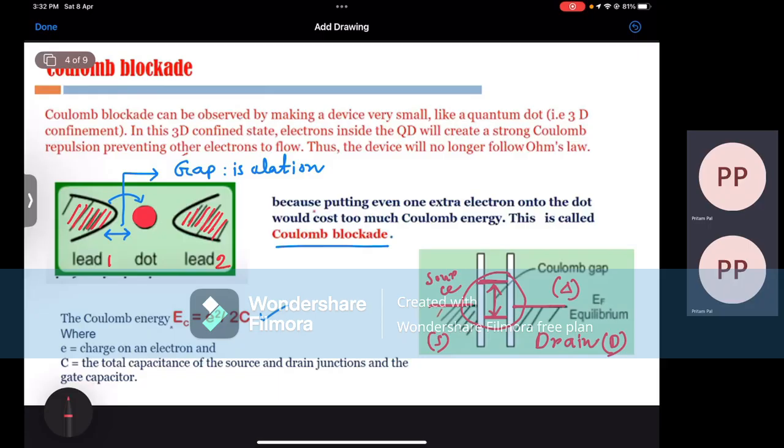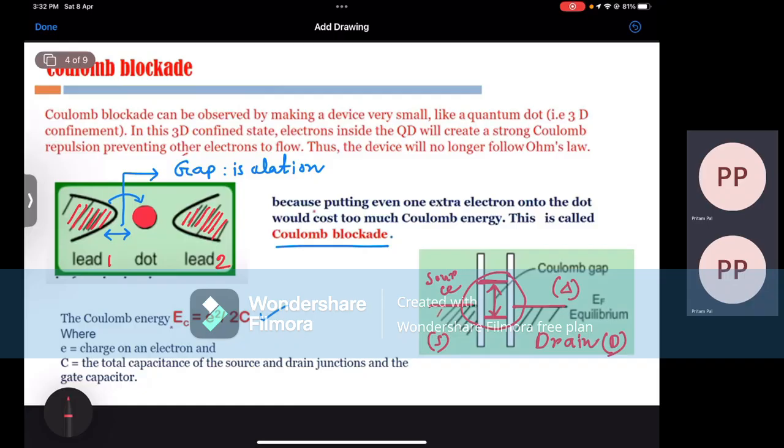Until and unless you have a clear idea about this, you cannot comment on the probability of these kinds of transitions occurring in the system, right? Basically only then can a new electron be added, if it crosses the barrier.